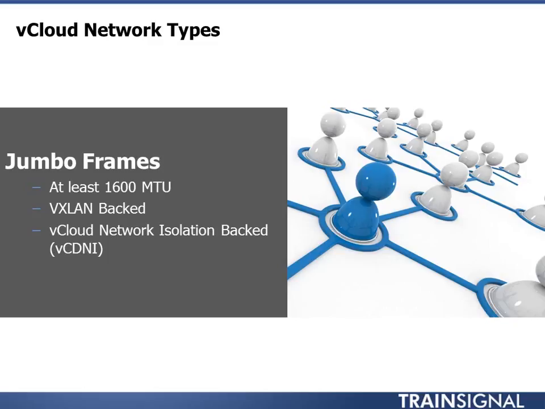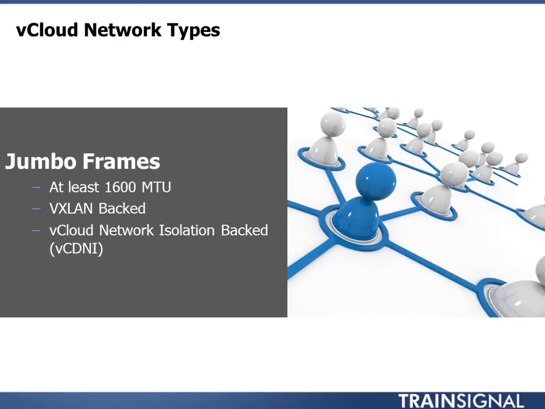So to use these different types of network pools, VMware advises that you go ahead and increase the MTU on all your network gear to 1600 MTU or larger. You could just go ahead and set it to 9000 and be done with it if you wanted. So that means the VMkernel ports, the physical switch ports, etc., everything from source to destination needs to have its MTU adjusted to 1600 or larger.